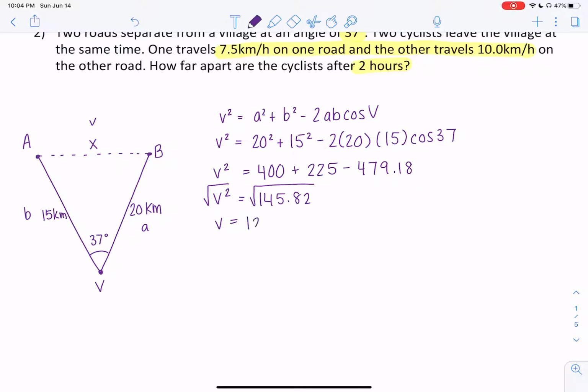And that gives us that v is 12.1 kilometers. And you always want to look at your answer and think, does this make logical sense with the question? Don't get too caught up in your diagram because if you drew it yourself, it's likely not perfectly to scale. But we have 20 and 15 as the other side lengths, so 12 makes sense.